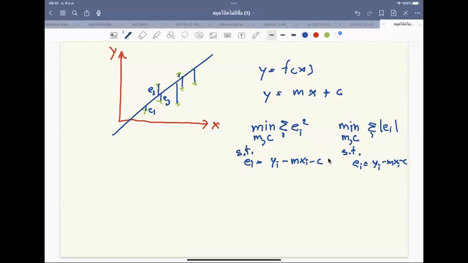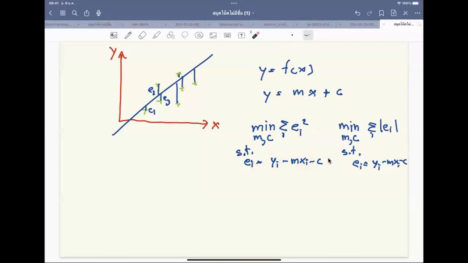So you see that what we know from experimental data, we have a set of Xi, Yi, right? So we have Xi, Yi already, okay? And each point, of course, because M and C change, so it affects Ei, right?